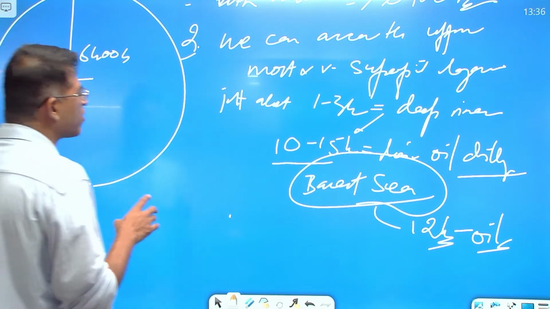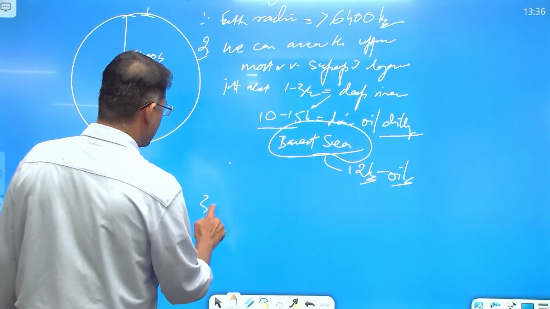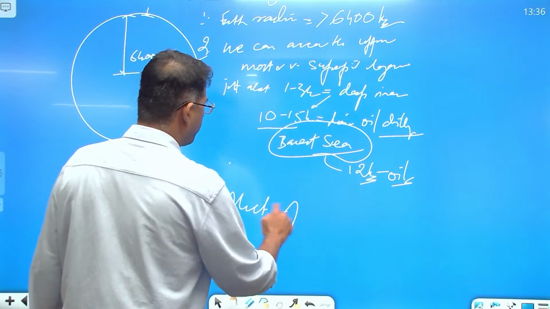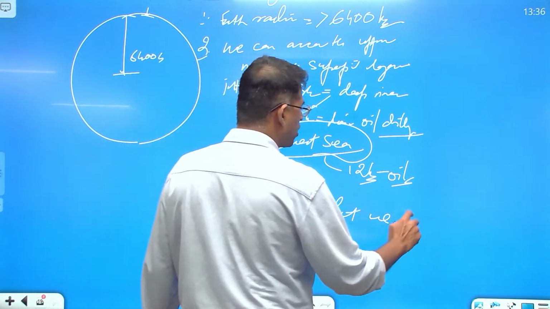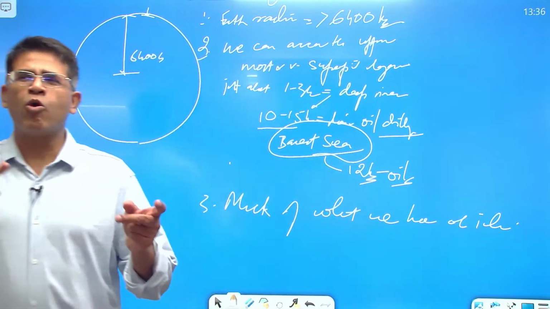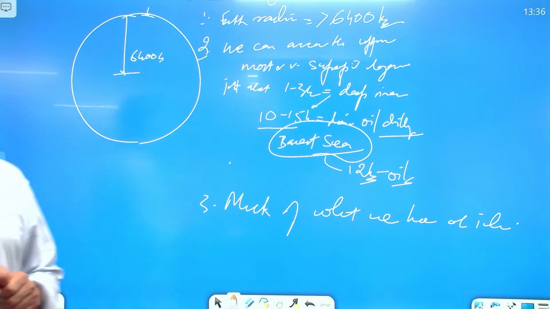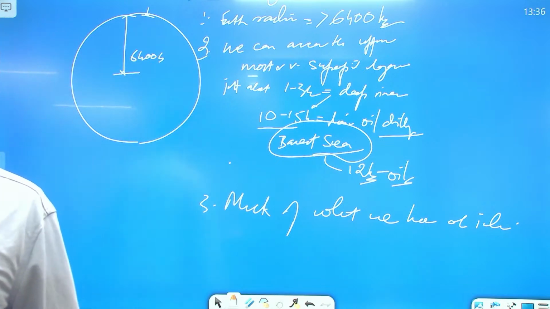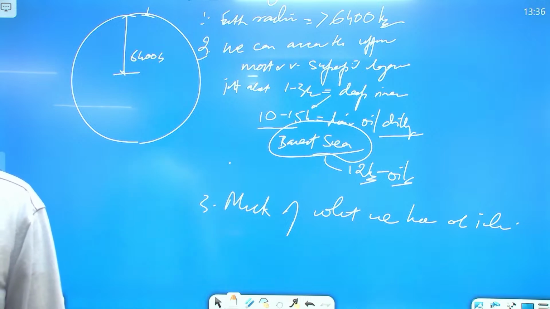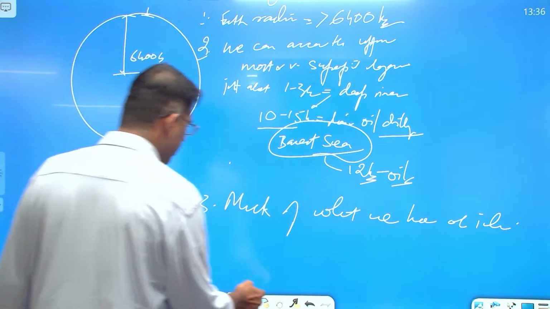So what this means is that much of what we know about the interiors is by correlating other types of observations. What are they?